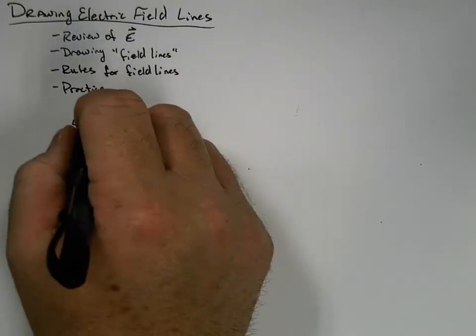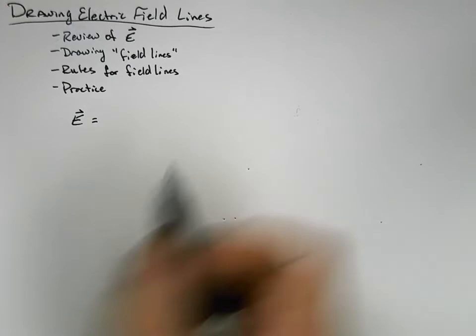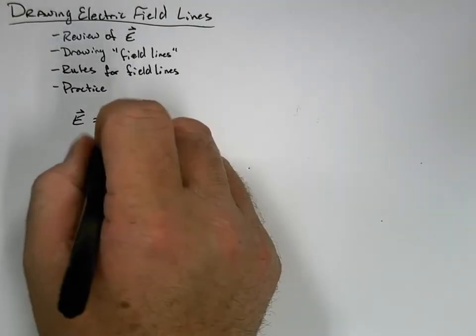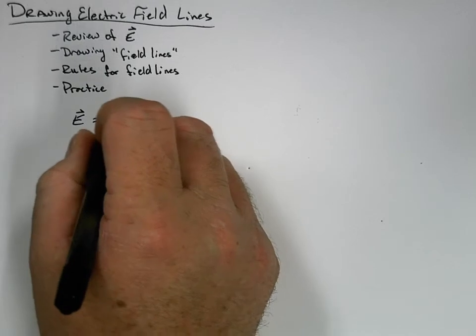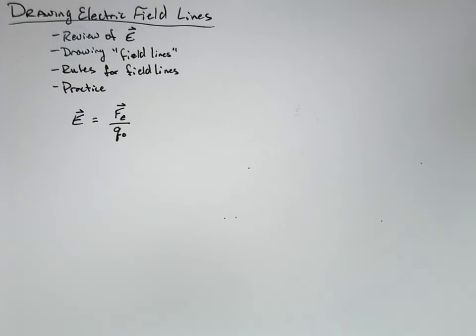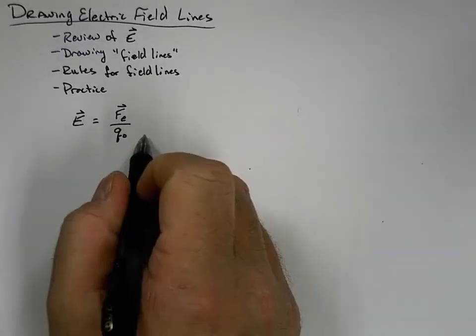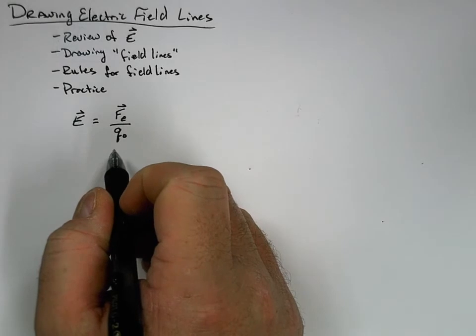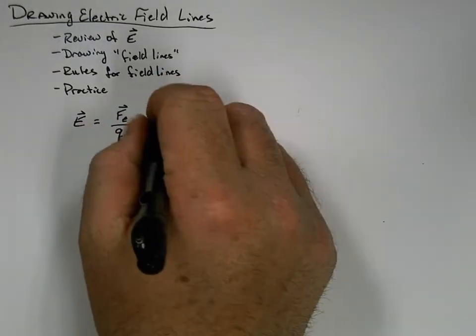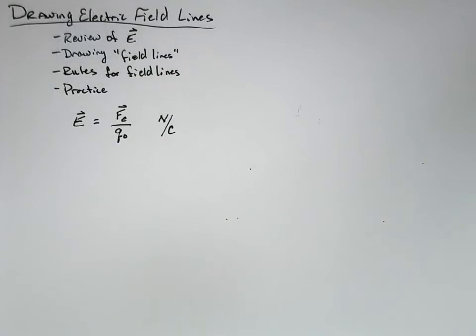Okay, and so our E is going to equal our electric force divided by Q0, where this is our test charge. It's the amount of charge on our test charge that is around our more charged particle, and this is in newtons per coulomb.